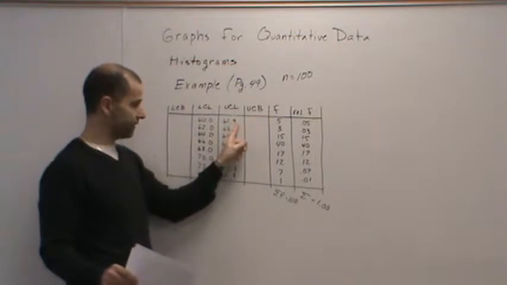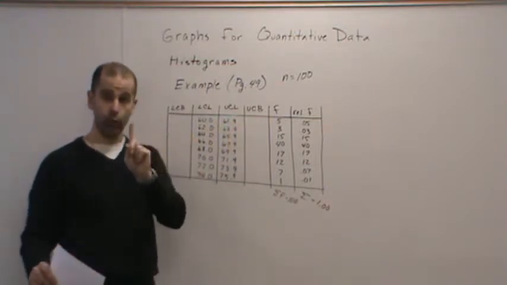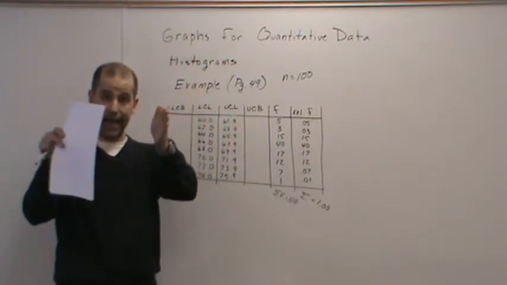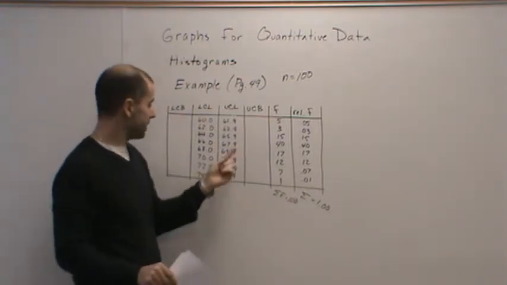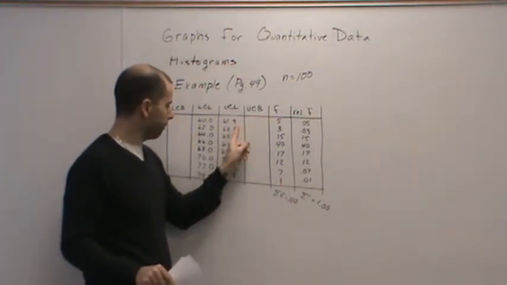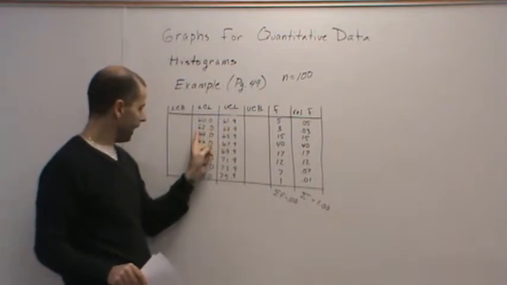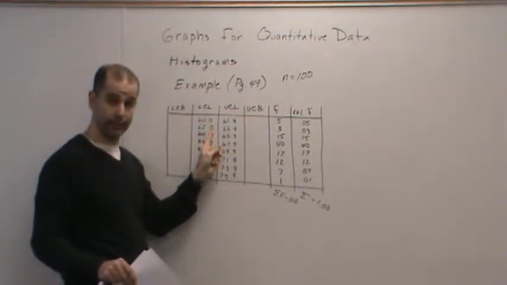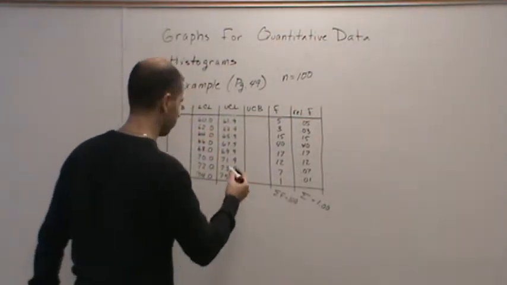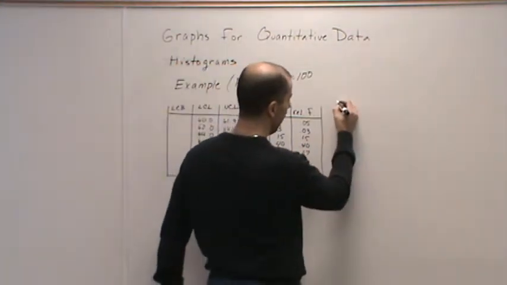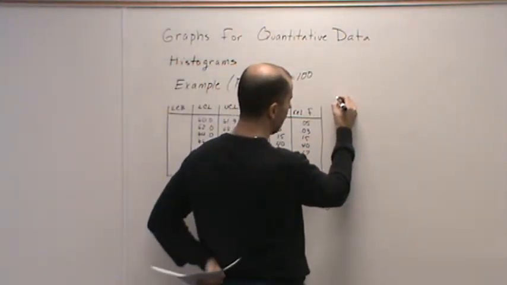So we're going to take the gap, which is 0.1, and find the halfway point. Well, what's the halfway point between 61.9 and 62.0? Well, let's find out.